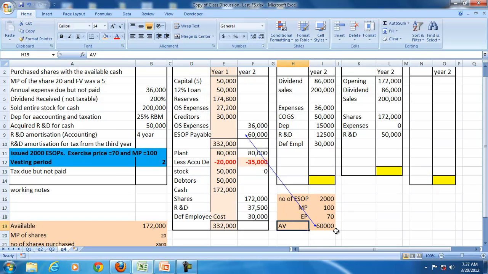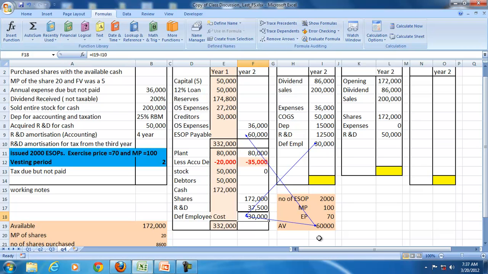Therefore the accounting value of ESOP calculated as an intrinsic value is 30 into 2000, and that 60,000 is shown on the balance sheet as ESOP payable and deferred employee cost. And the deferred employee cost is amortized over the vesting period, which is 2 years, so deferred employee cost to the extent of 30,000 has been amortized here. That is the treatment of ESOP.